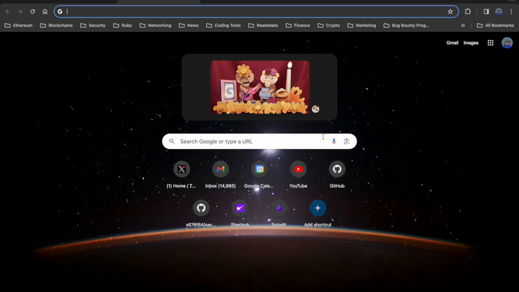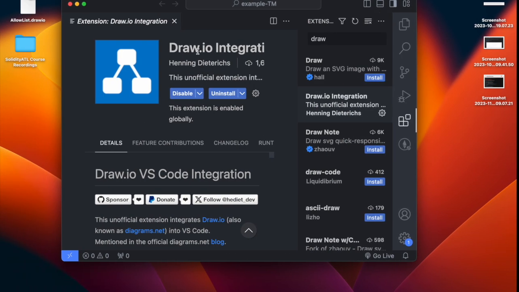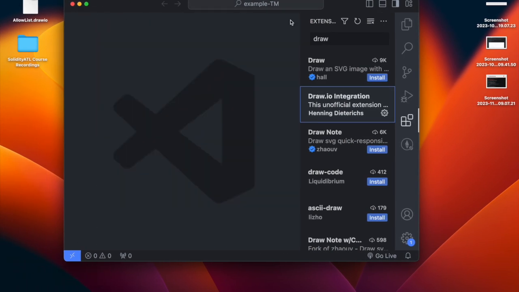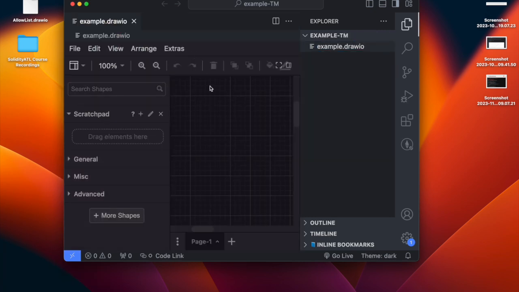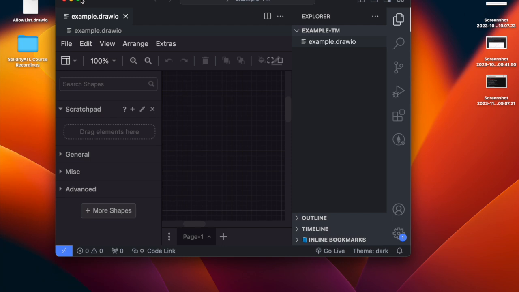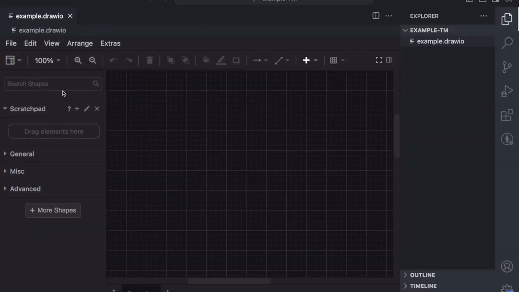So let's go ahead and set up this draw.io. We're going to create a new file, example.draw.io, and we're going to do it for Uniswap.